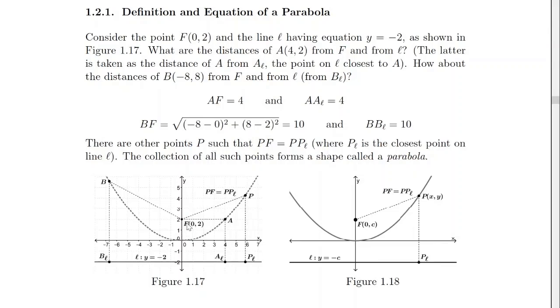If we simply count the units from F to A, we have 1, 2, 3, and 4. So we have 4 units. Also, from this point to A, we also have 1, 2, 3, and 4. So we have 4 units.